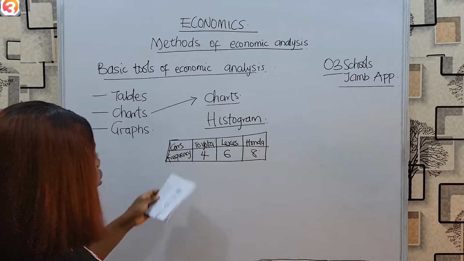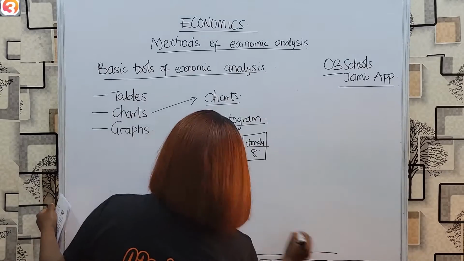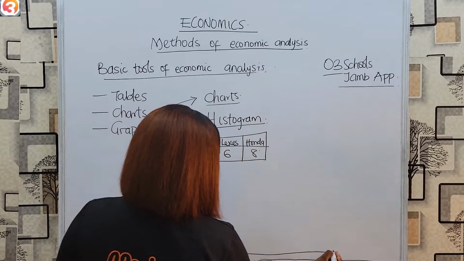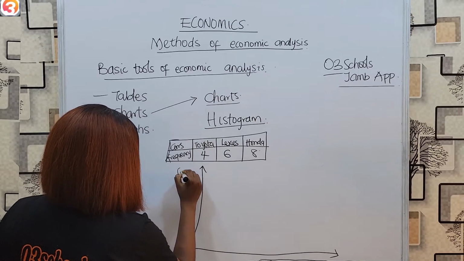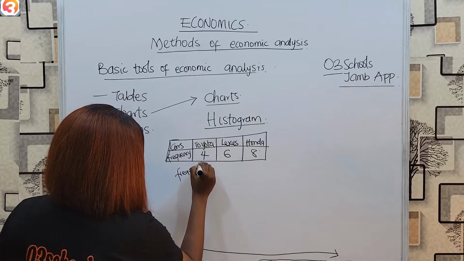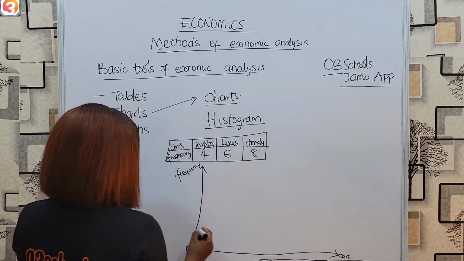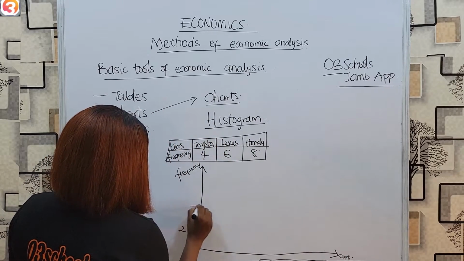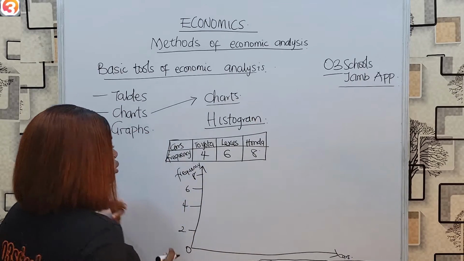Now, if we were to draw a histogram, we have 0 points, we have frequency, and we have cars for elements. We have 2, 4, 6, 8.